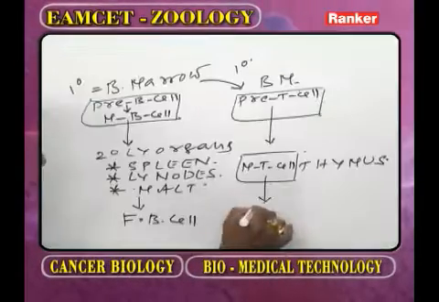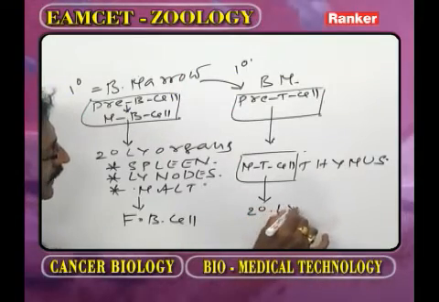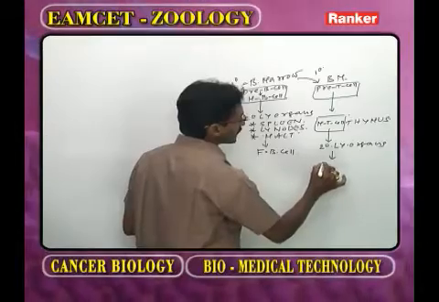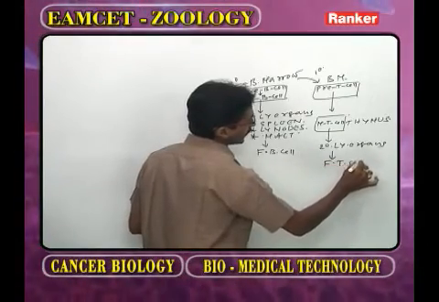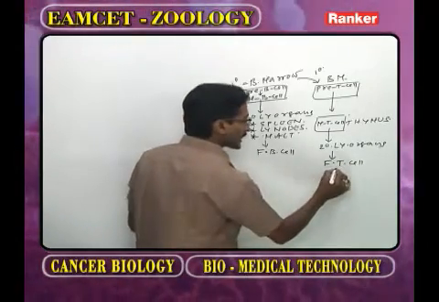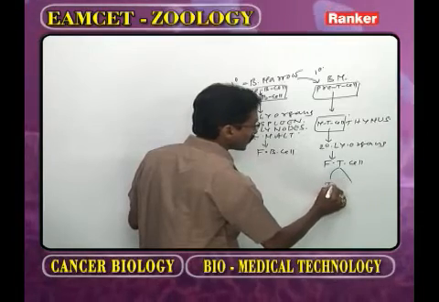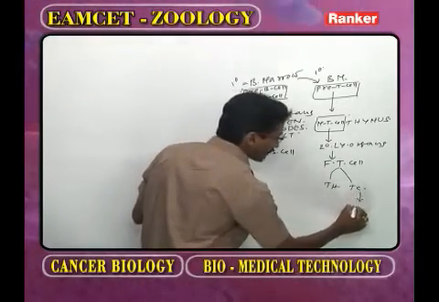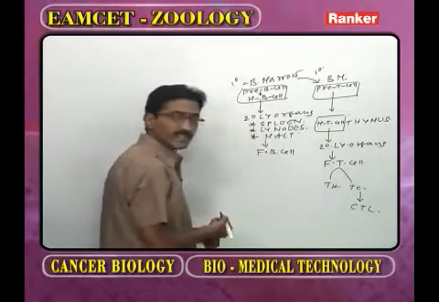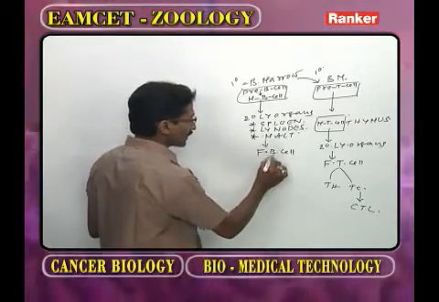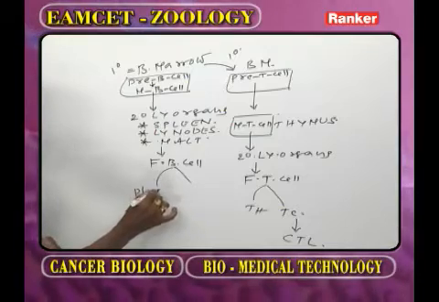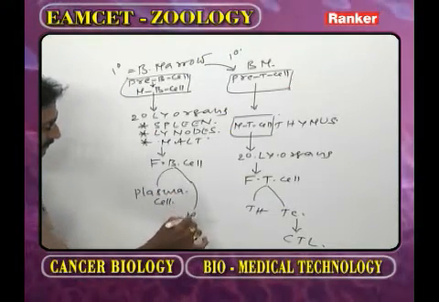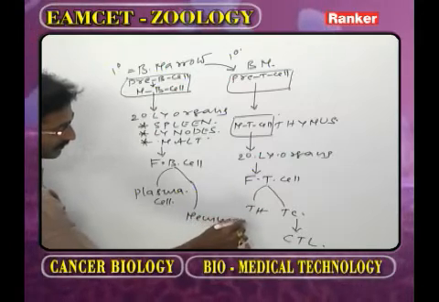Now the mature T cell enters into secondary lymphoid organs, where it becomes the functional T cell. Later the functional T cell divides into TH and TC. Later the TC becomes the cytotoxic T lymphocyte. What about the B cell? It divides into the plasma cell and memory cell.